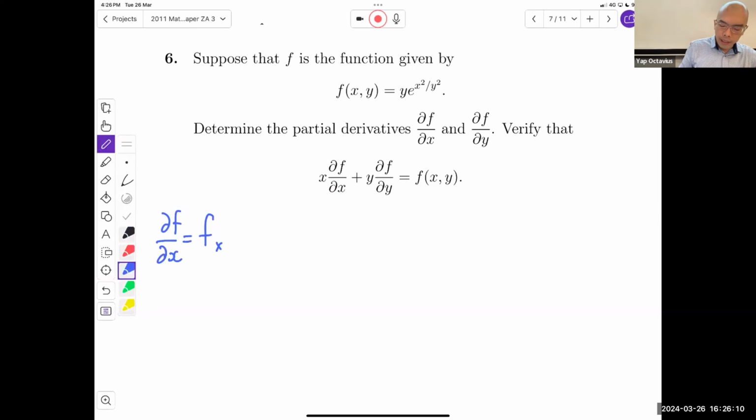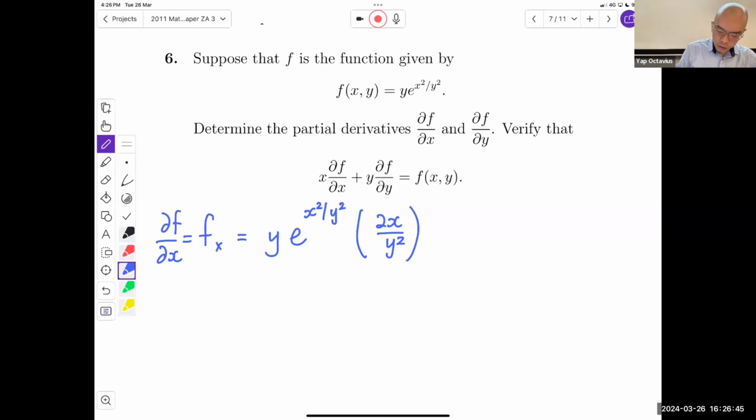So now let's find this. If you differentiate with respect to x, this is the only variable, y is a constant, so the constant stays there. Write the exponential function. Okay, I'm going to write it this way this time. Then differentiate. x squared becomes 2x. Then the y squared is a constant, so nothing to do.